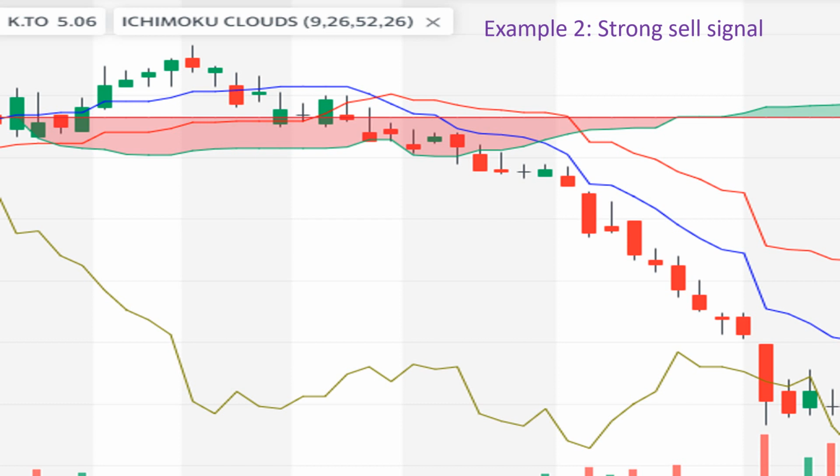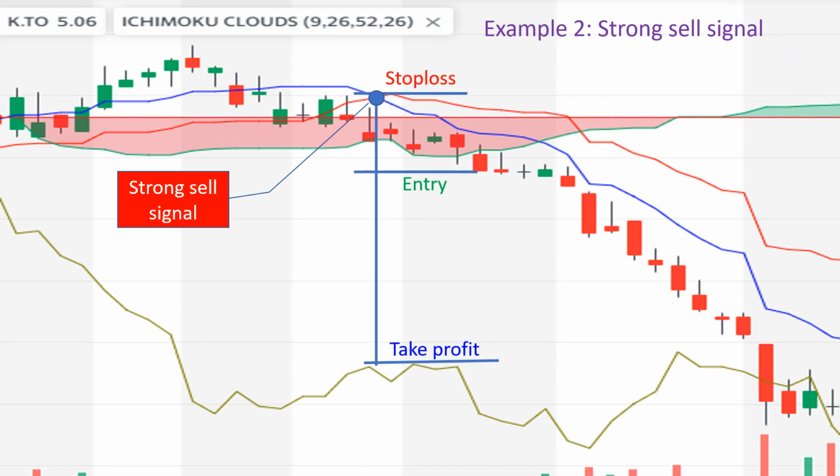Now in this situation we have a strong sell signal. I show you how I enter the trade. This is how I would do my entry, stop loss, and take profit.